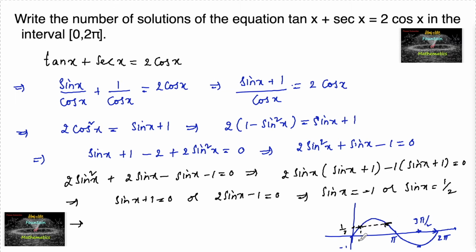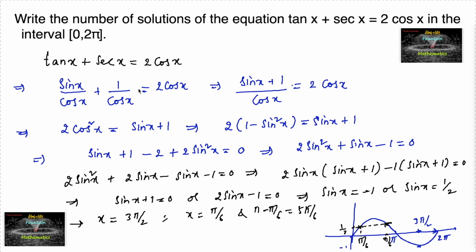One is pi by 6, sin 30 degrees, and again one more is pi minus pi by 6. So for sin x is equal to minus 1, x is equal to 3 pi by 2, and for sin x is equal to half we can take x is equal to pi by 6 and pi minus pi by 6, that is 5 pi by 6.